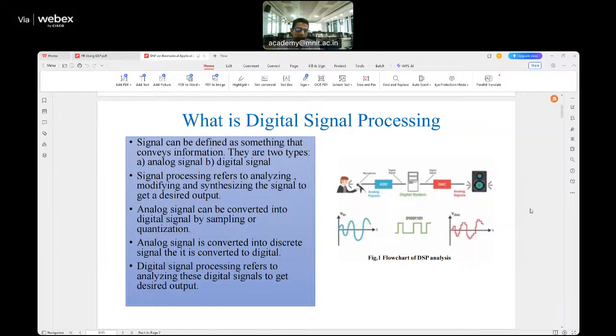Then modifying means whether it is the desired one. When you want to process a signal, is it the actual one which you want to get? If it is not, then you modify and then synthesize the signal. As a resultant, your new signal has come, from the original signal, what you were expecting.